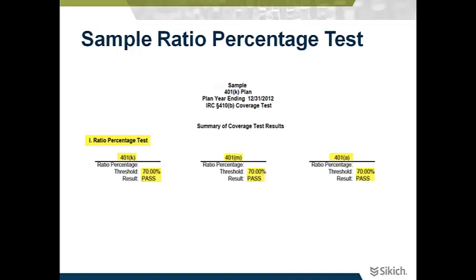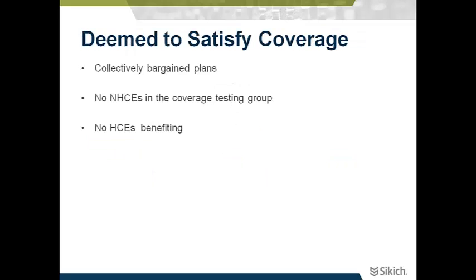So the average benefit test would not be necessary because they have passed the ratio percentage test. A plan covering collectively bargained employees automatically passes coverage. If there are no non-excludable, non-benefiting, non-HCEs, the plan will automatically pass coverage. If there are no HCEs benefiting, the plan automatically passes coverage.